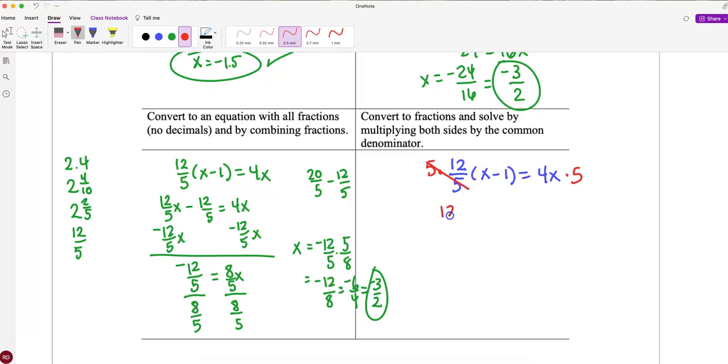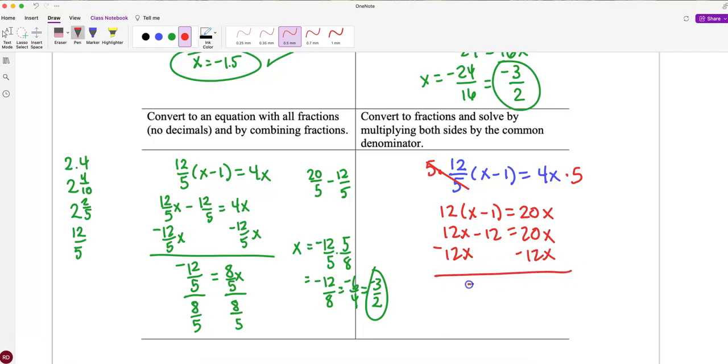So I get 12 times x minus 1 equals 20x. 12x minus 12 equals 20x. Subtract 12x. So negative 12 equals 8x. So x is negative 12 over 8. Divide those by 4 and you get negative 3/2.